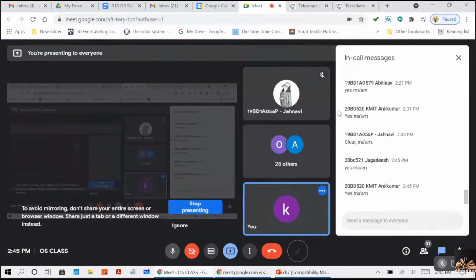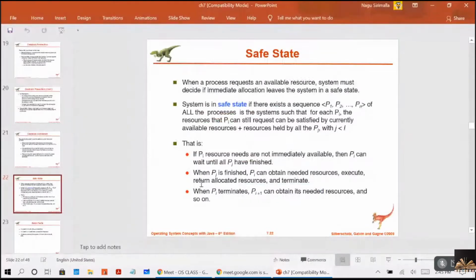If Pi's resource needs are not immediately available, then Pi can wait until all Pj have finished. Suppose P3 needs resources, and all the resources needed by P3 are not available.